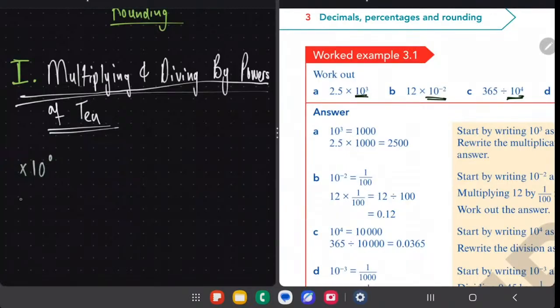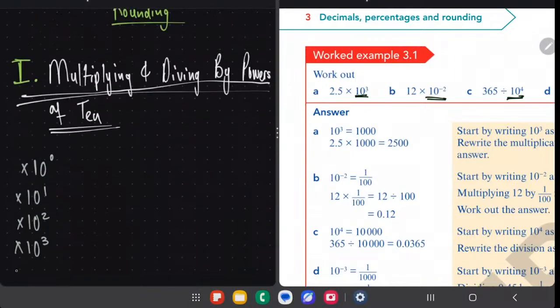10 to the power of 0, 10 to the power of 1, 10 to the power of 2, 10 to the power of 3. Let's end at 10 to the power of 4.